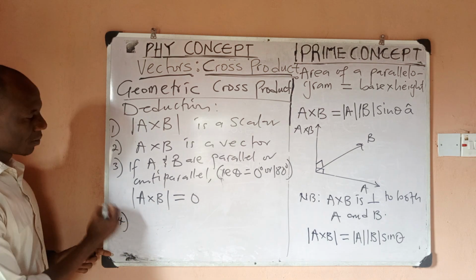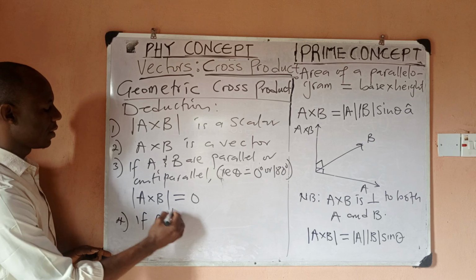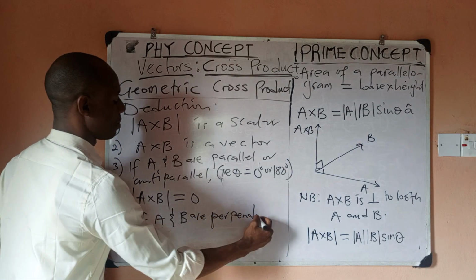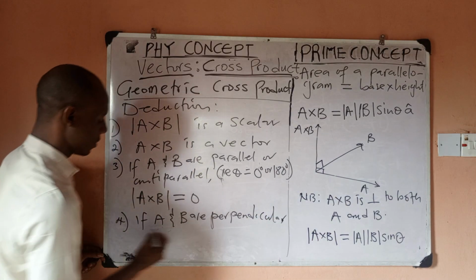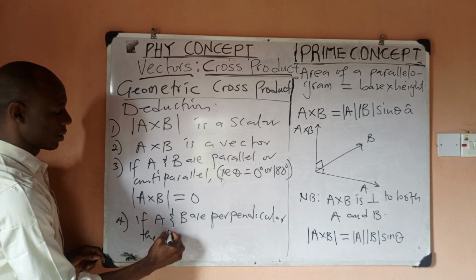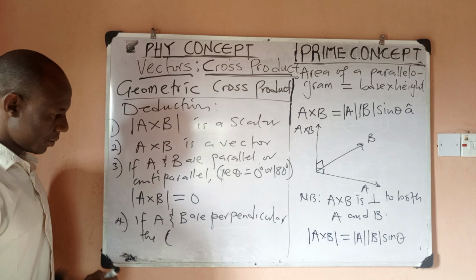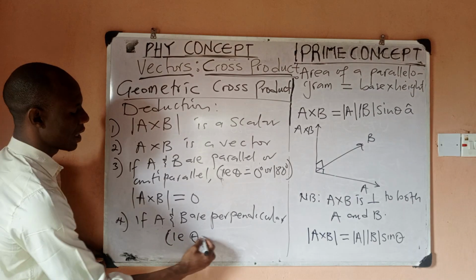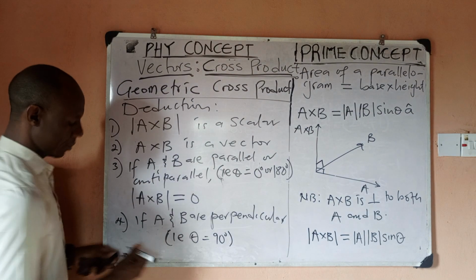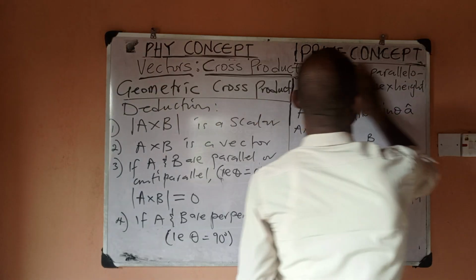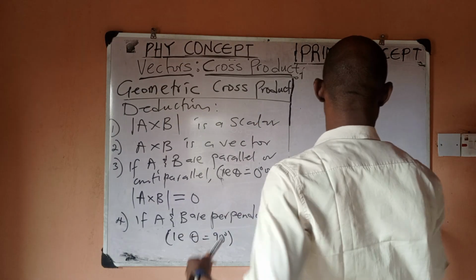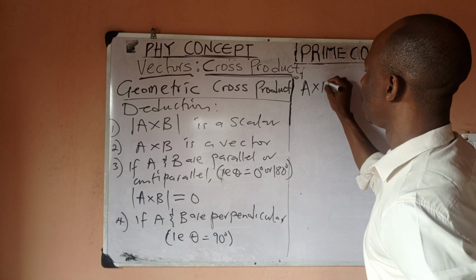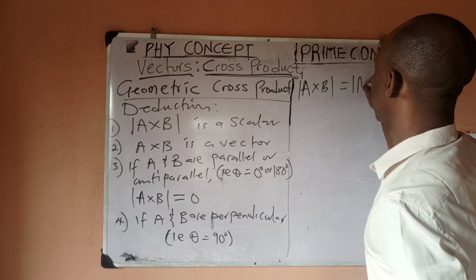Now number 4, I want us to note, if A and B are perpendicular, that is, theta equals 90 degrees, then it means that the magnitude of A cross B is actually equal to this.